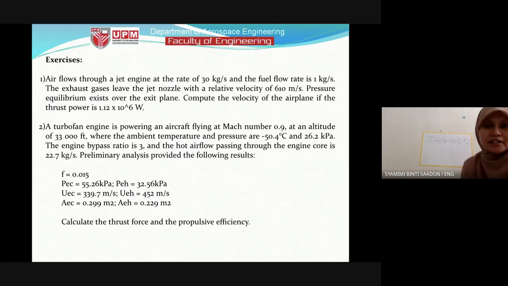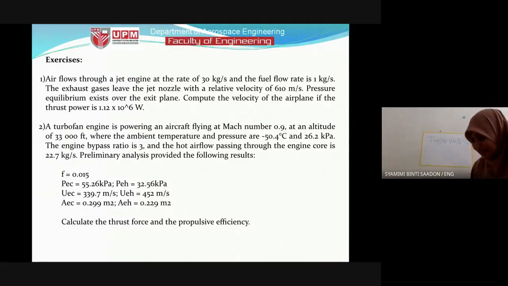Since it is said here that pressure equilibrium exists over the exit plane, PE is equal to PA, because the pressure is in equilibrium. So we only have this term, MA times (UE minus U).